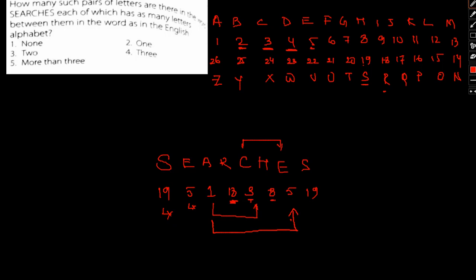So we have 3 pairs of such letters, and option 4 is our correct answer. I don't see any other pair. I hope this is clear to you how we came out with the solution. The pairs here are nothing but AC, AE and CE.